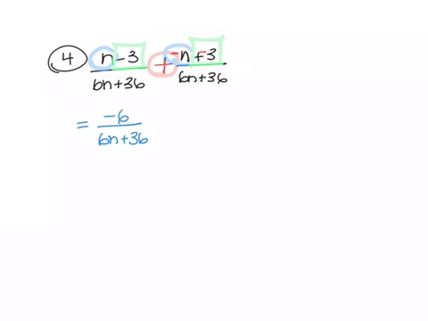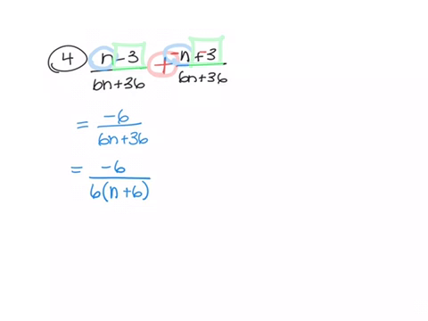Now, we are not done with this problem at this point because we need to check and see if this will simplify. In the numerator, you have just a monomial, a single term, so that is not going to simplify. But in the denominator, 6n and 36 share a common factor. Their greatest common factor is 6. If we take out that greatest common factor, 6n divided by 6 would leave you with n, and 36 divided by 6 would leave you with 6.